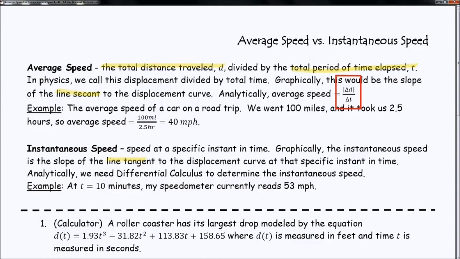You have to be careful, because there will be times where they ask you: is there a moment in time where your average speed equals your instantaneous speed? Think about my road trip. Is there a moment where I look at my speedometer and it reads 40 miles per hour?